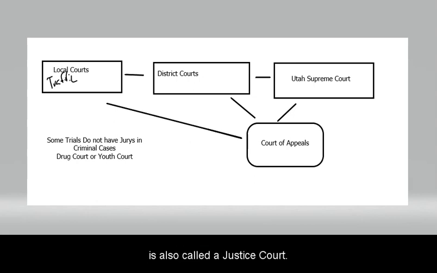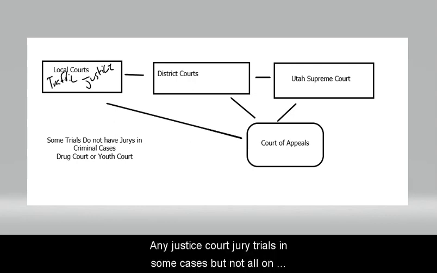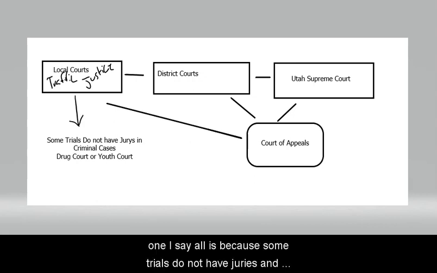Another term for a local court is a justice court. Okay. In a justice court, there are jury trials in some cases, but not all. And why I say not all is because some trials do not have juries in criminal cases, such as drug court and youth court. They do not have a jury in youth court because it's really to protect the identity of the youth.